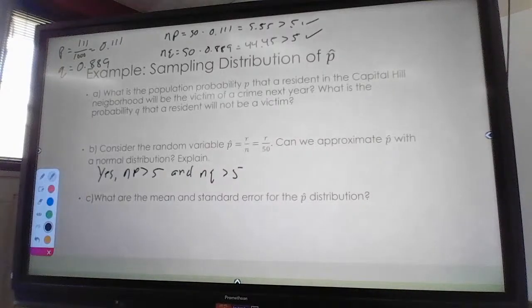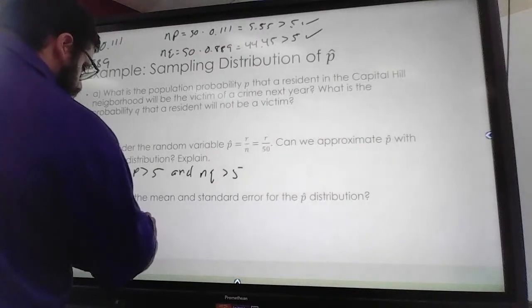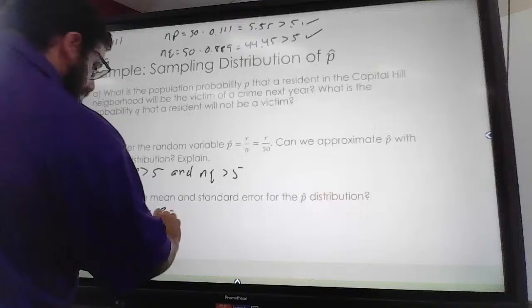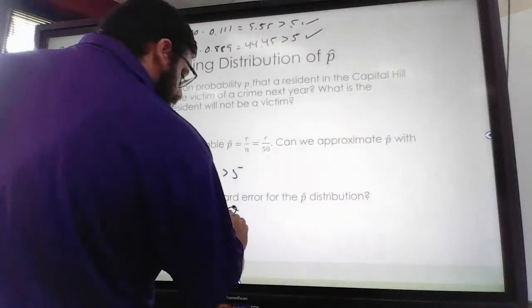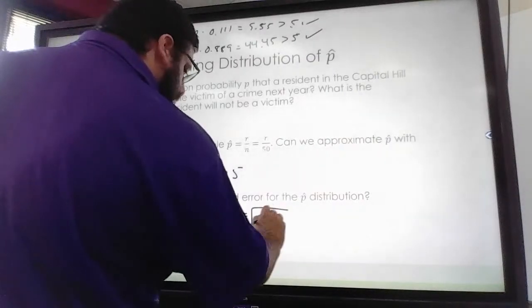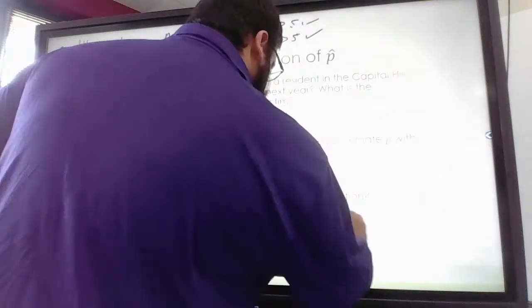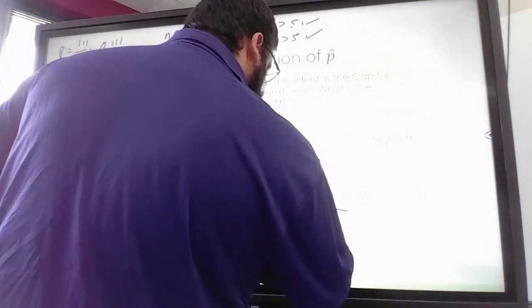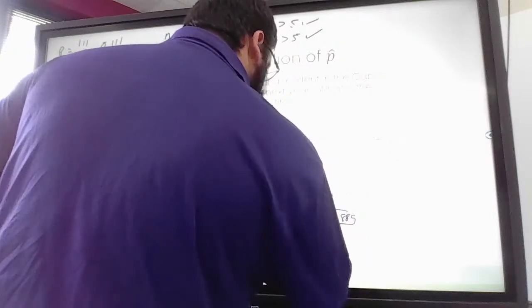What are the mean and standard error for the P hat distribution? For a P hat distribution, the mean is P, which is 0.111. What is the standard error? We have to take the square root of PQ over N, which is the square root of 0.111 times 0.889, divided by 50.